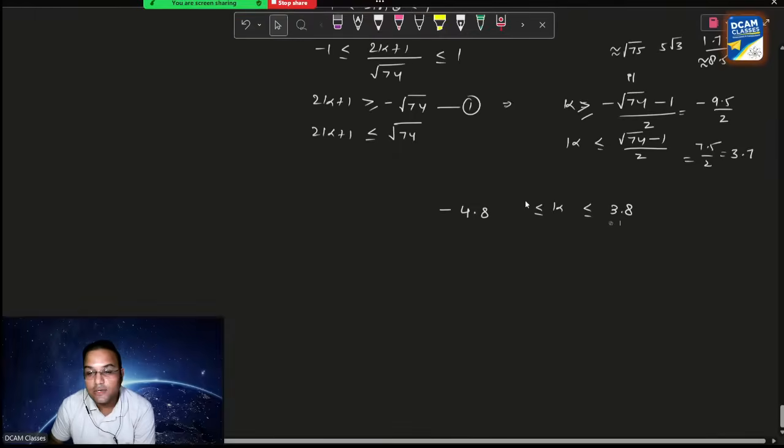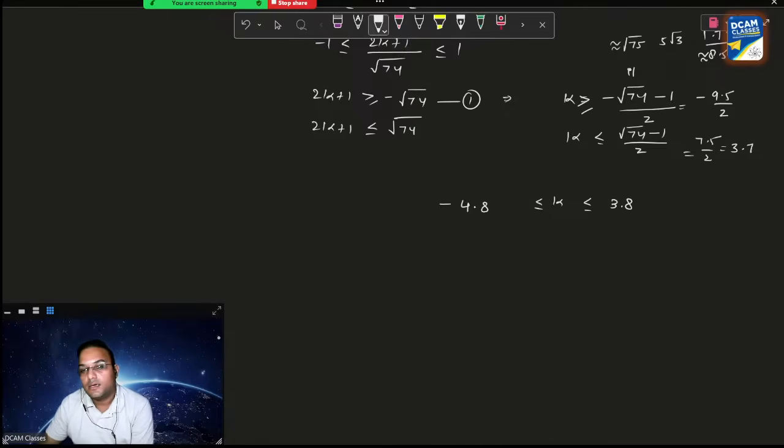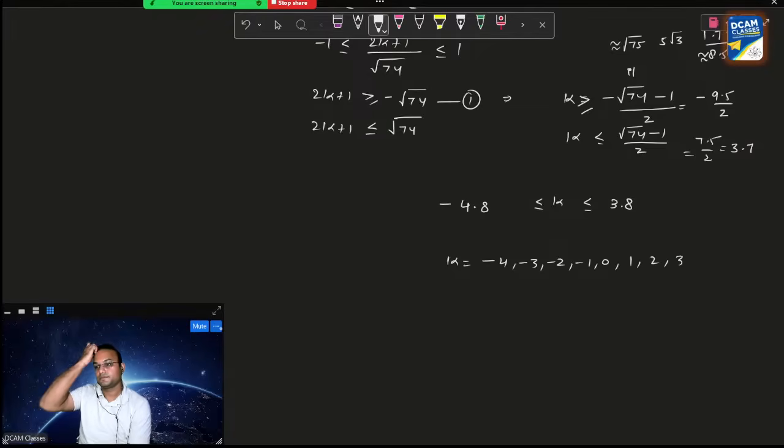Number of integral values of k. So k can be minus 4, minus 3, minus 2, minus 1, 0, 1, 2, 3. That is 1, 2, 3, 4, 5, 6, 7, 8. So k integral solutions are 8.